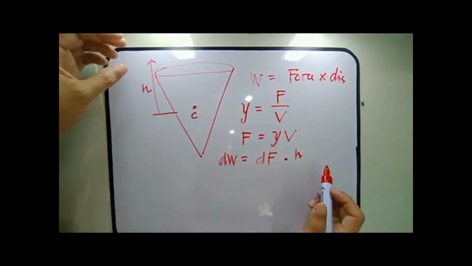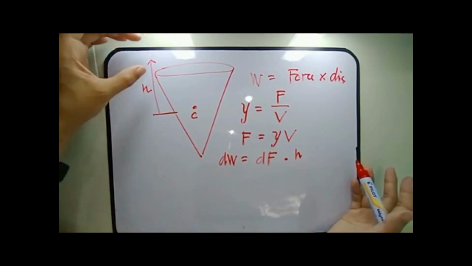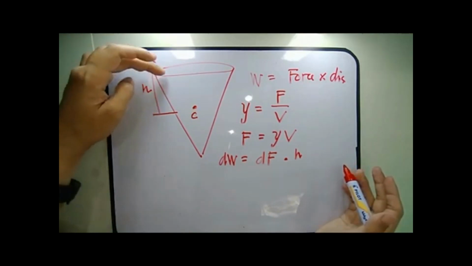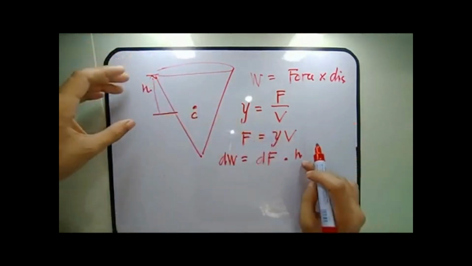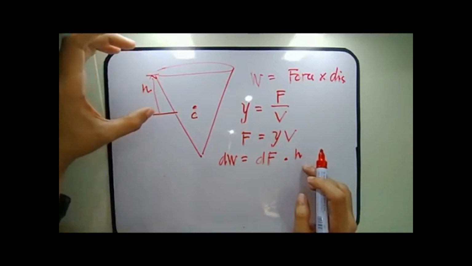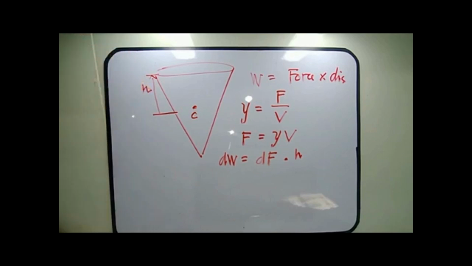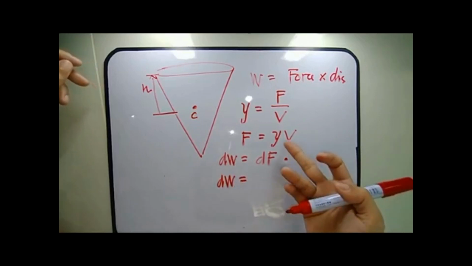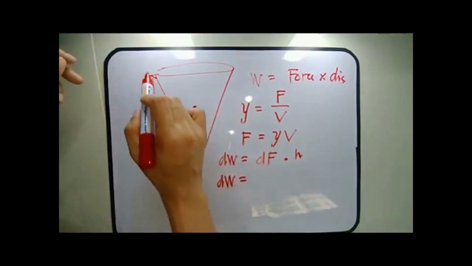There are problems where it is pumped at a certain distance above the top of the tank, but sometimes it is just pumped at the top of the tank. So the reference point of your height here, of course, will be the centroid of your fluid. So we have here differential of work equals differential of force times h. Here, what varies is the volume because we have a varying shape.